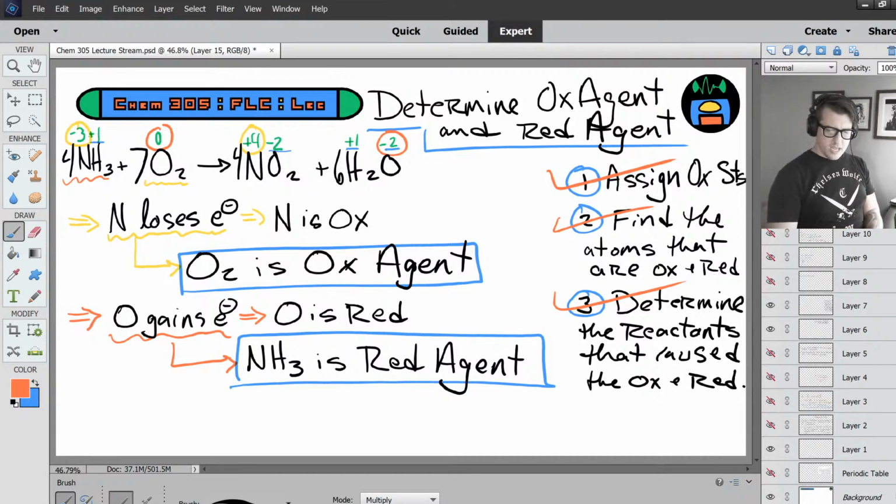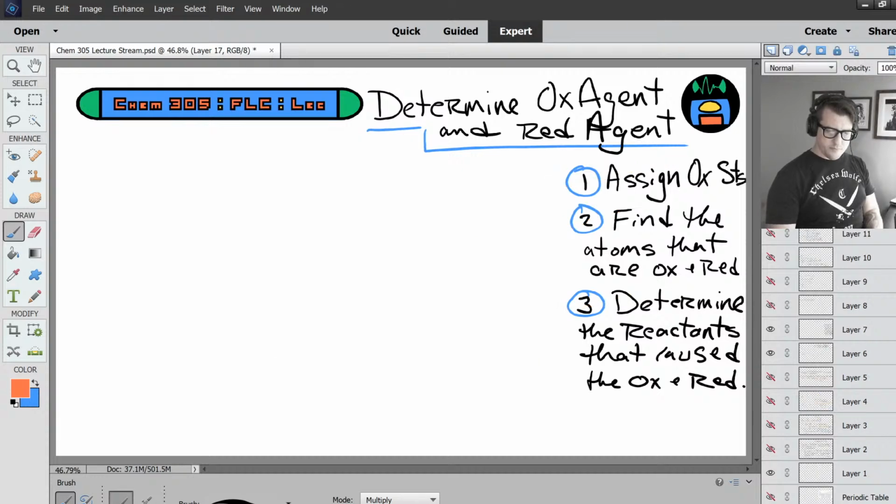Because I could work another example, but I feel like what needs to happen at this point is for all of you to take this knowledge and apply it on your own.